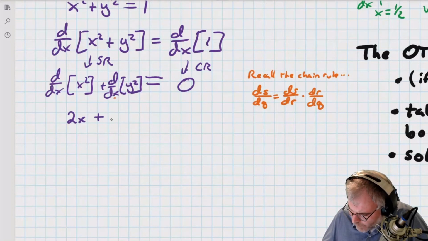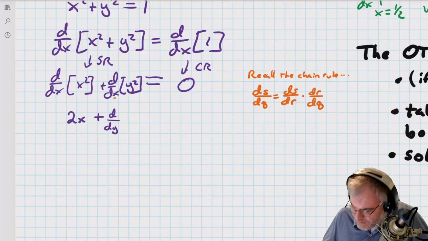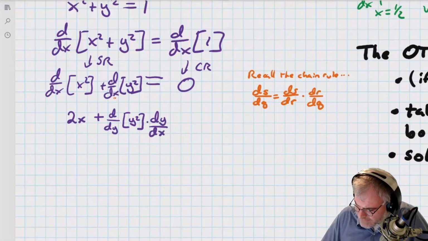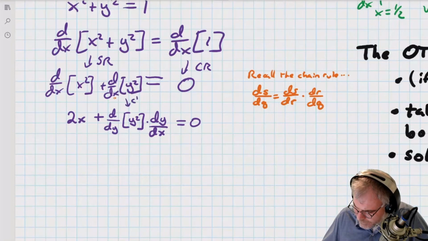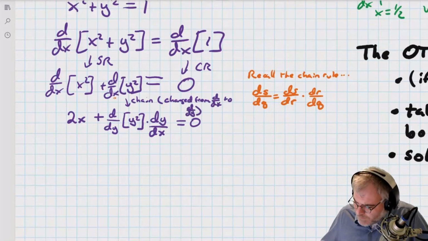I wind up with d over dy. I change the x that I'm differentiating in terms of to a y, times y squared. And then I need to account for the change in y given the change in x. So remember, the chain rule is the thing that lets me convert this x to a y.